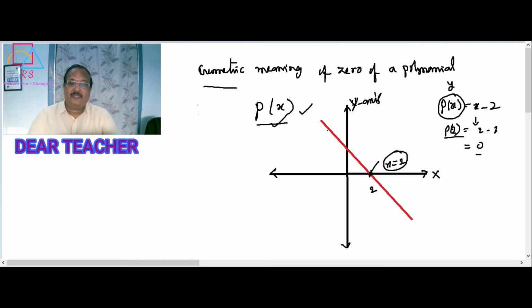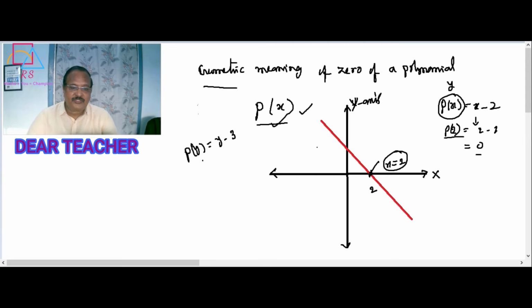That means wherever the graph meets the x-axis, that point's x value is the zero of the polynomial. For example, p(y) is equal to y minus 3. Then what is the zero of this?